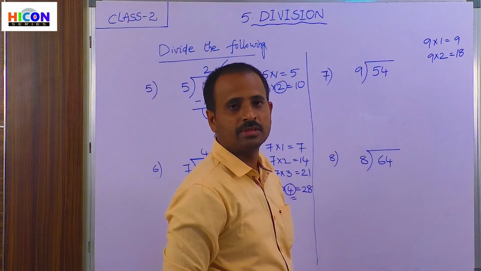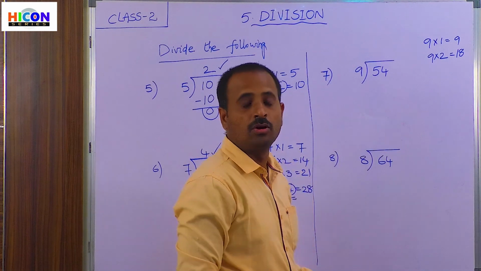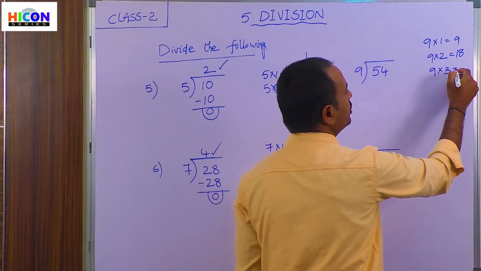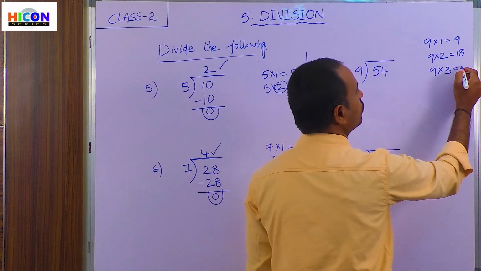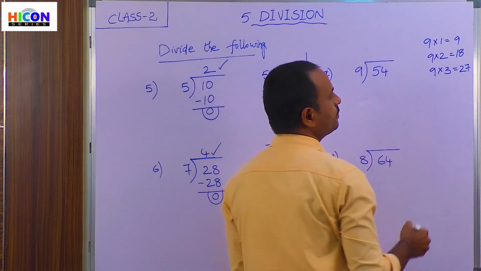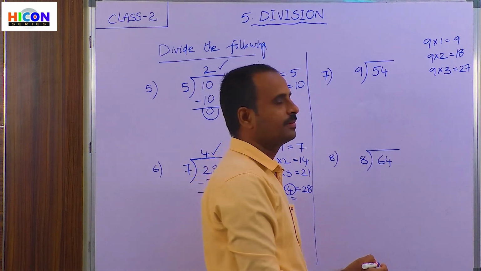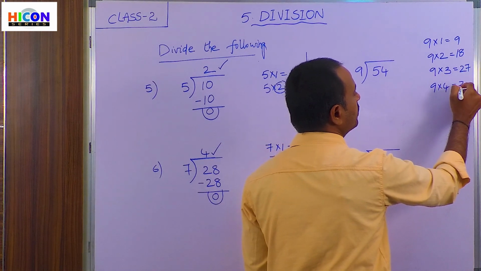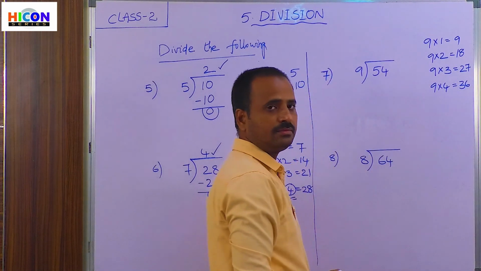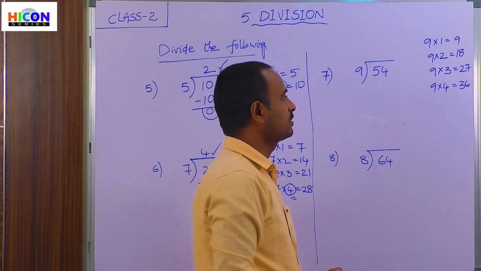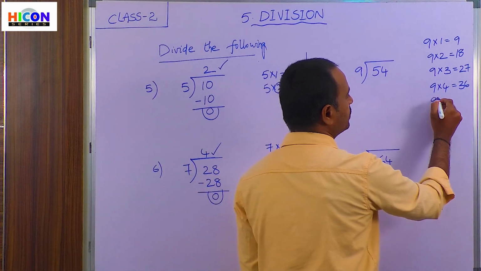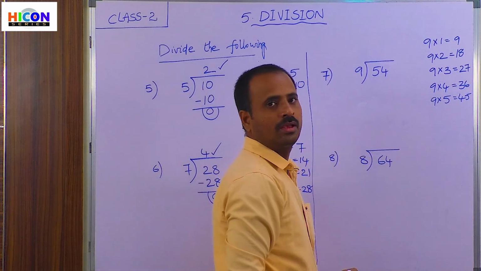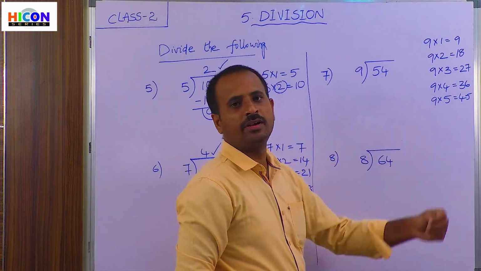Now take 3 times, that is 9 threes are, children, how much? 27. So now take 4 times, that is 9 fours are 36. So now take 5 times, that is 9 fives are 45.